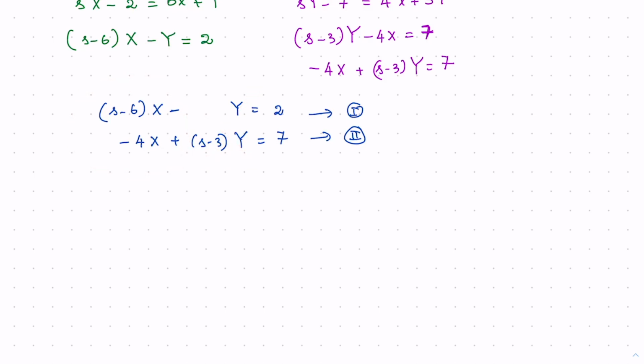So to make my life easy, I'm going to eliminate the y's. Let me write it down so you know what I mean by that. Eliminate cap Y. To eliminate cap Y, I'm going to take a look at the first equation. I'm going to multiply it by s minus 3. When I do that, ladies and gentlemen, the following is going to happen.